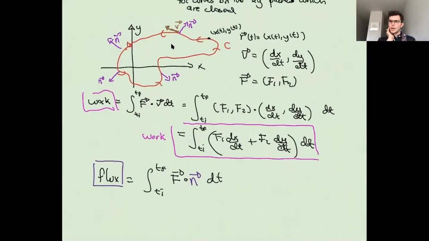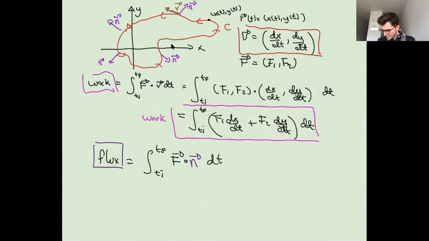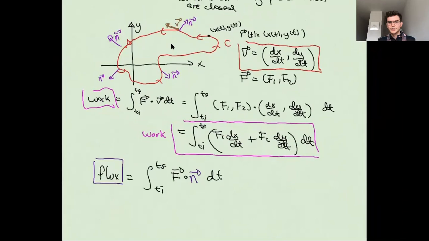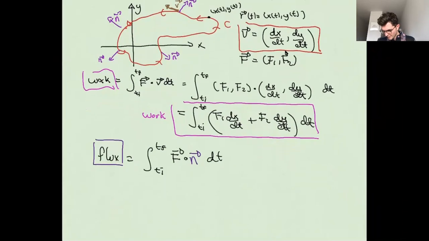Okay, and so it all boils down to what's the formula for n. Okay, so again, the velocity vector was dx dt, dy dt, as you can see here. So what is n? Like, so this is a big question.